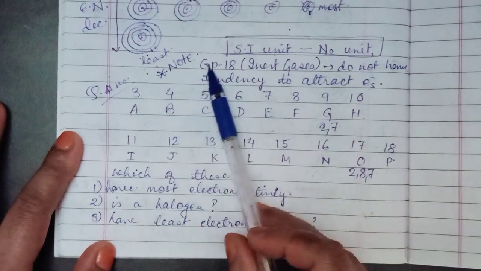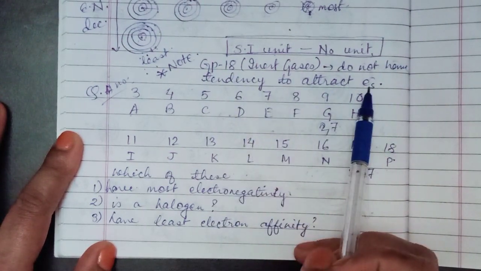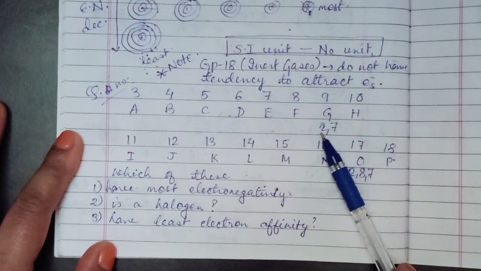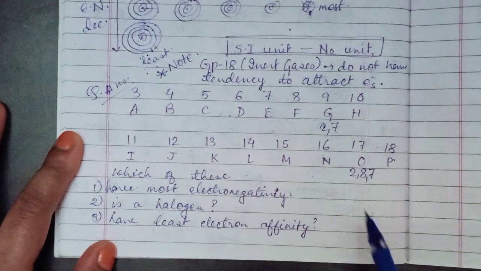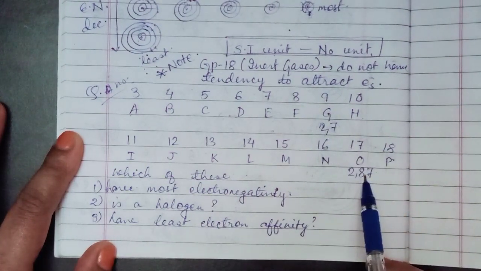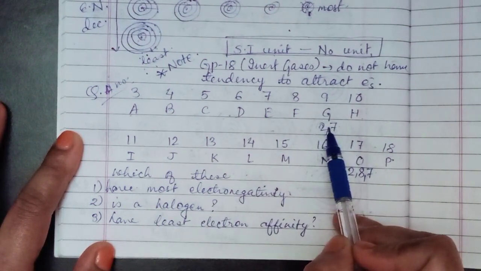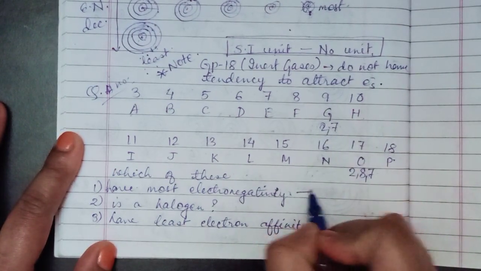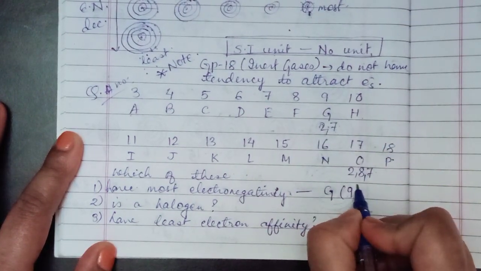Just now I have explained in the note that group number 18 does not have tendency to attract electron, so we will not consider these two. We will consider group number 17. Now we have learned that when we are moving from top to bottom, electronegativity decreases. So most electronegativity will be with element G. So your answer will be G, and the atomic number for G is 9.